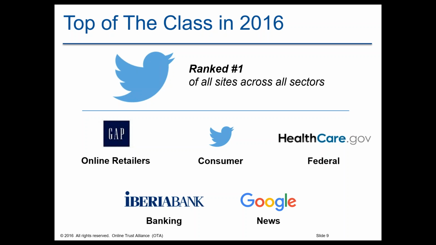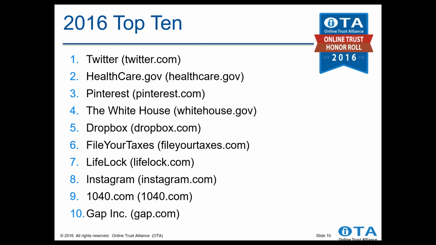So great growth there. The other point that's also very significant is in the top 10. So we looked across all the scores in the top 10, as we mentioned Twitter, but there's a vast array. We have healthcare.gov, so government sites, many social sites, in this social, or I should say consumer services.